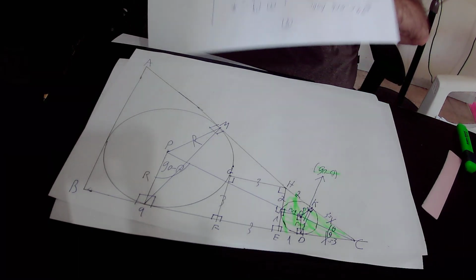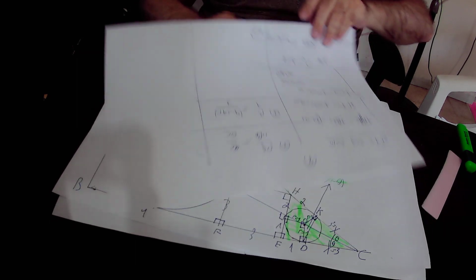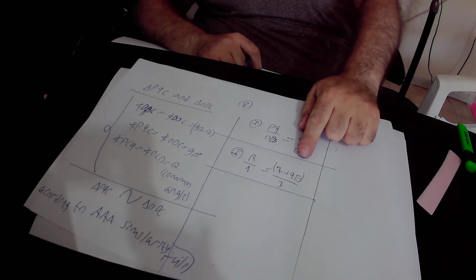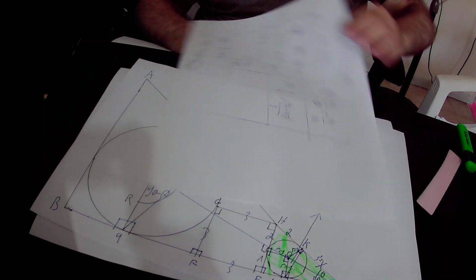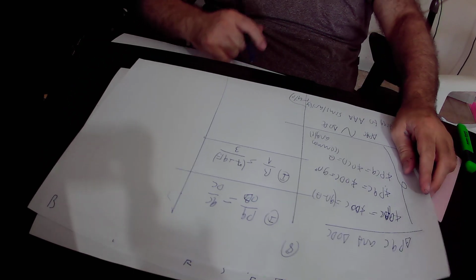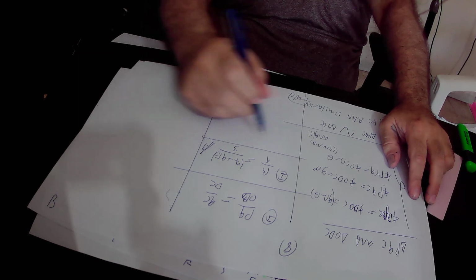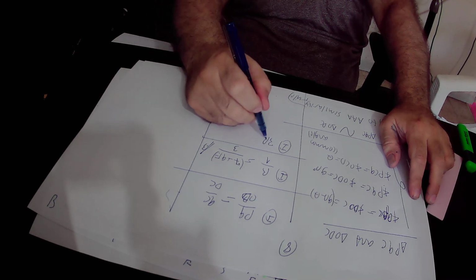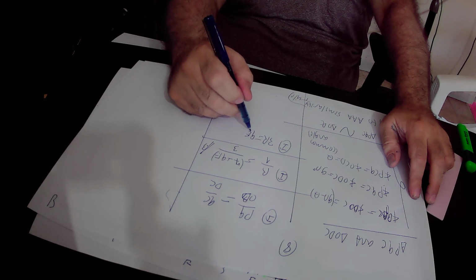Okay, so here we found out that according to equation number 1, R equals 7 plus QF over 3. Here we multiply this equation number 1 by 3, and we get that 3R is equal to QF plus 7.